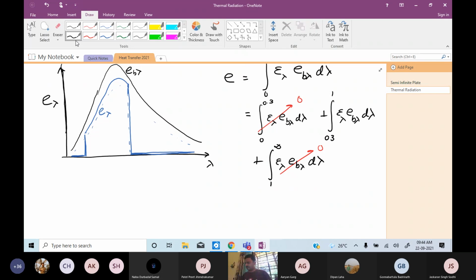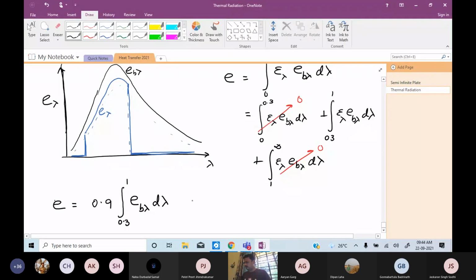Okay, so therefore E is equal to 0.9 times the integral from 0.3 to 1 of EB lambda d lambda. And what is that then? This is therefore 0.9 times d 0.3 to 1 sigma T to the power 4.